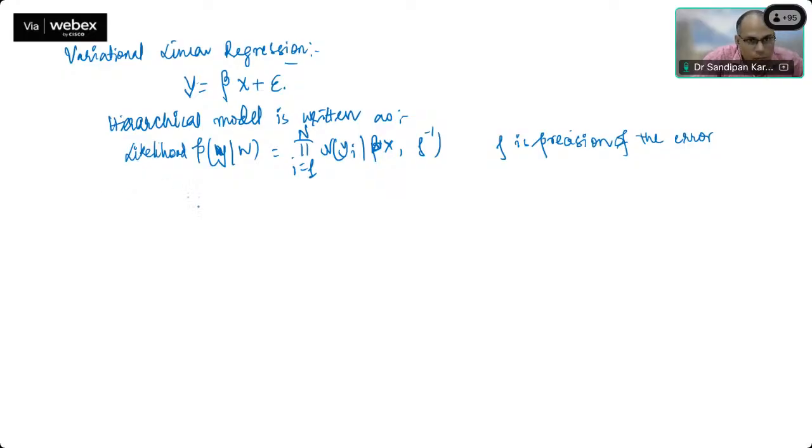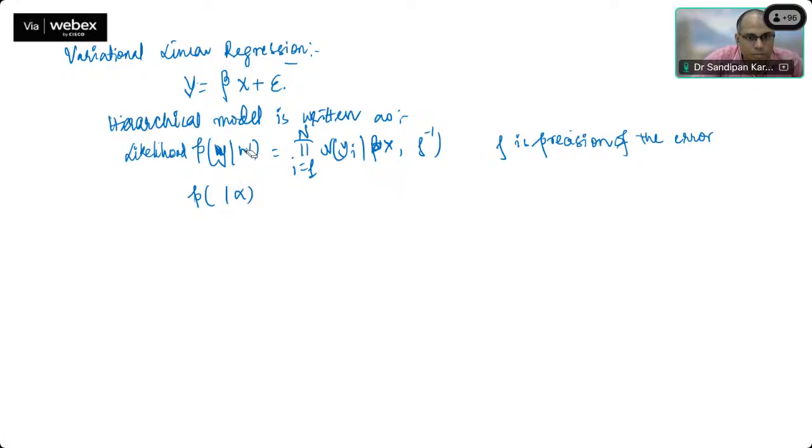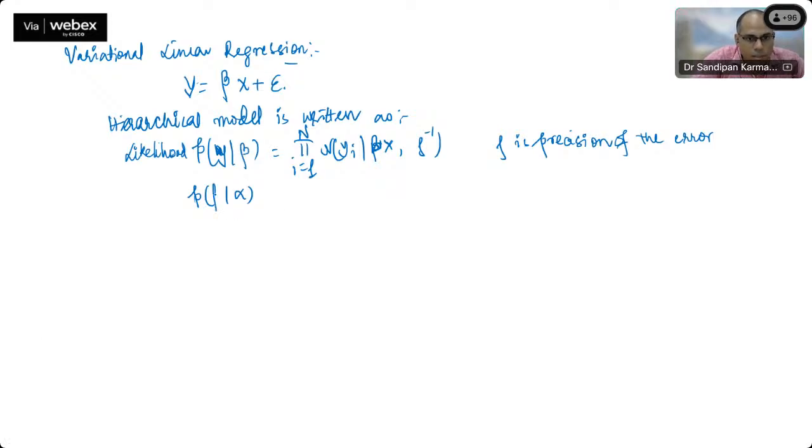Then we have p of w given alpha. I'm taking w to be beta, so beta given alpha. I'm taking it as normally distributed, with w mean 0 and precision alpha, so alpha inverse I. Why am I taking that?